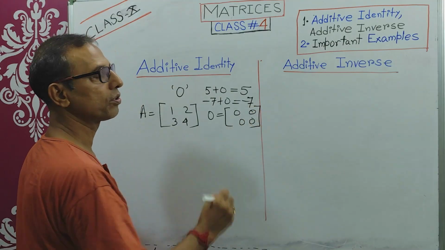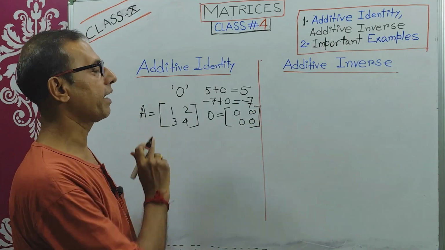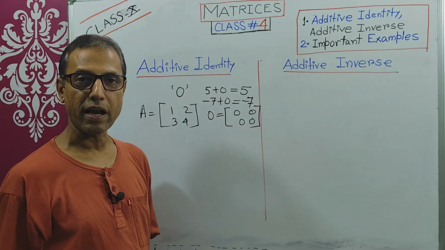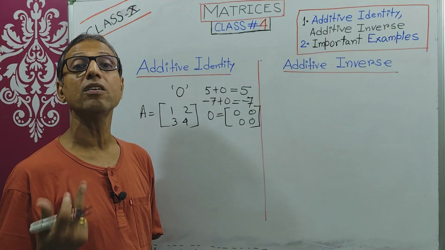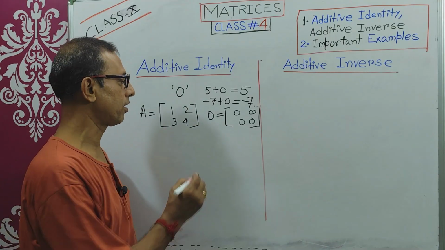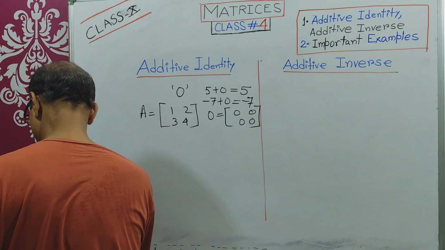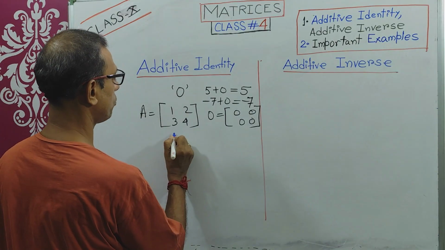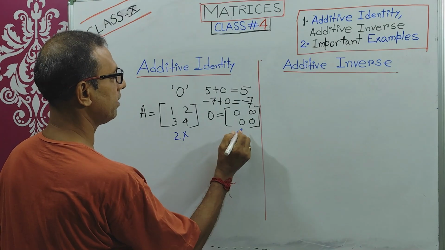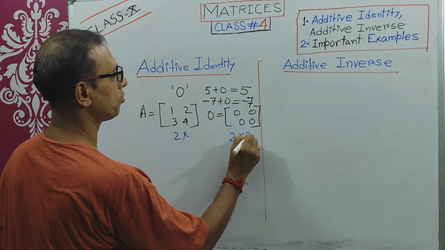Based on the properties, you can add or subtract two matrices when they are of the same order. Here the order of matrix A is 2 by 2, 2 rows and 2 columns, and the null matrix is also 2 by 2.